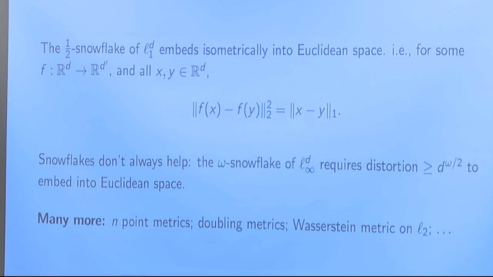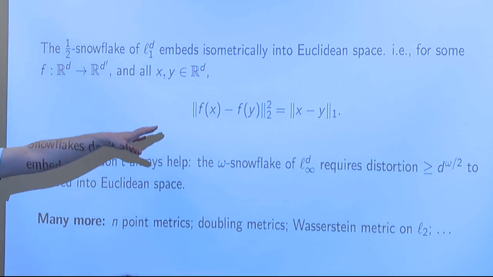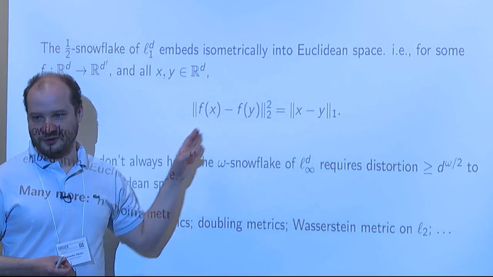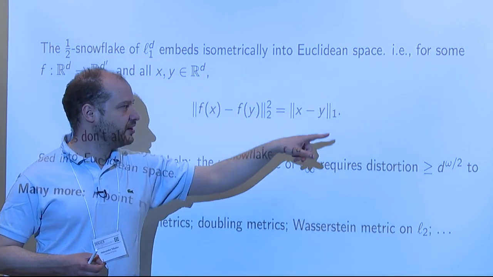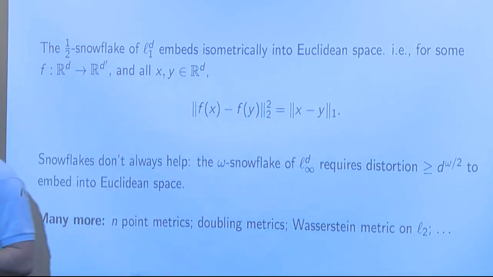So in some sense, L1 actually can be approximated very well by Euclidean space. You just have to square the distance or take the square root of the distance, depending on which side you're doing it. Remember, the snowflake means that I have to put a square root here. Here I've just squared things.